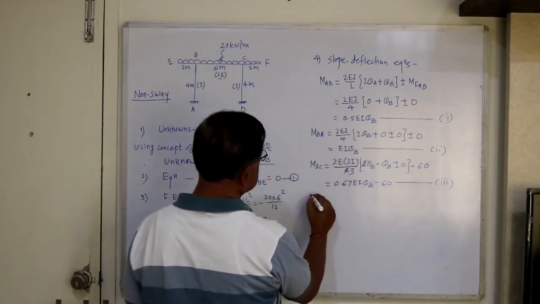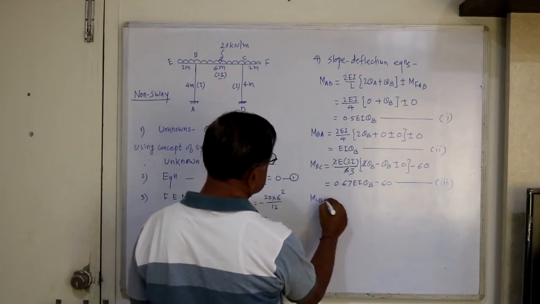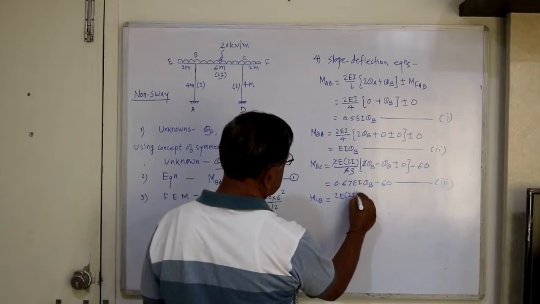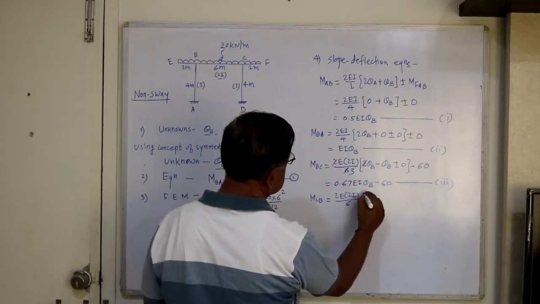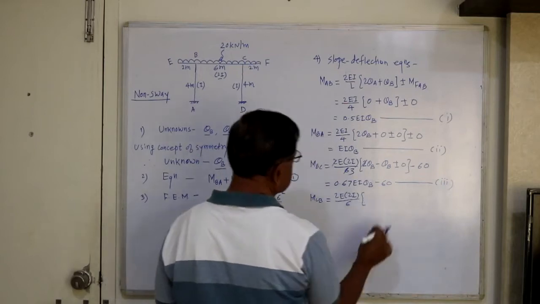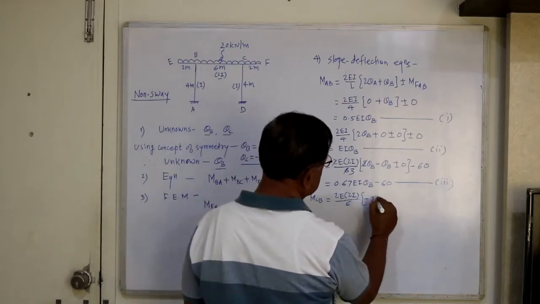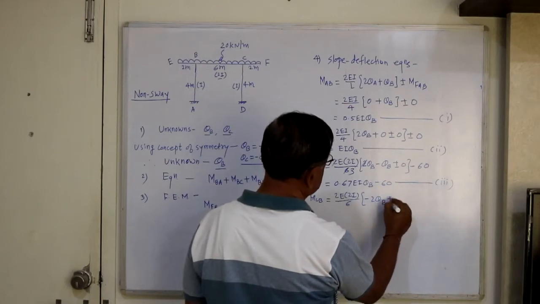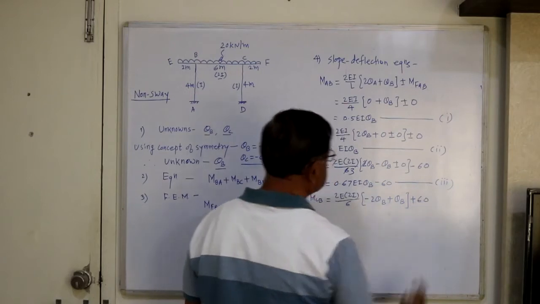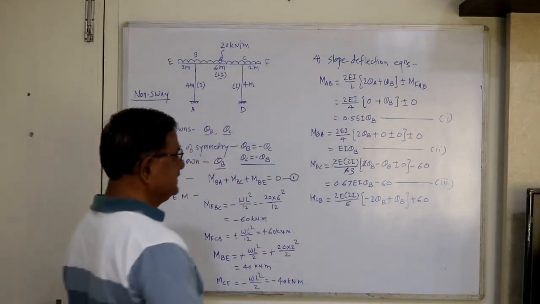Then MCB, 2E, value of I 2I, divided by L is 6, 2 theta C, let's substitute for theta C, minus 2 theta B plus theta B, and this is plus 60. Delta is 0.